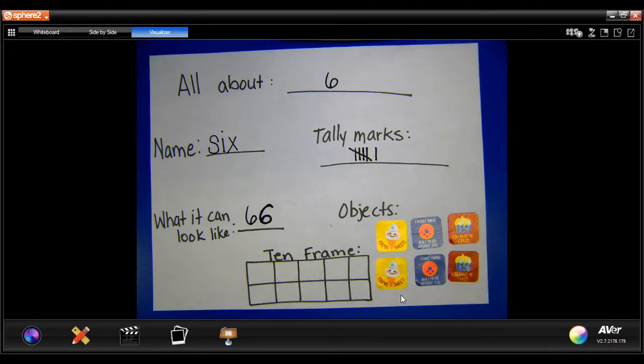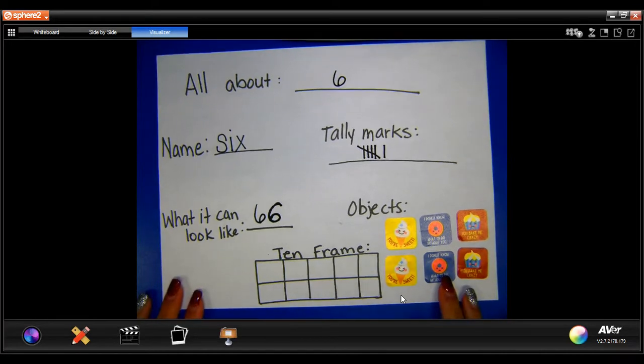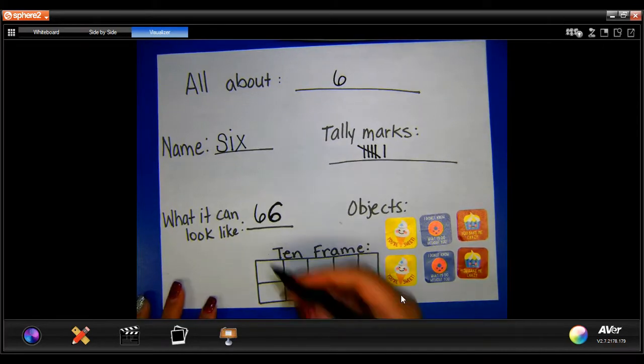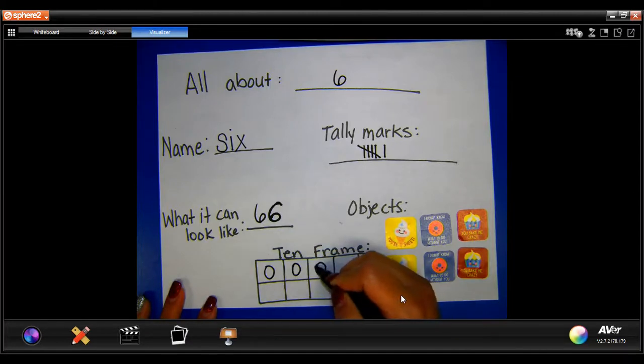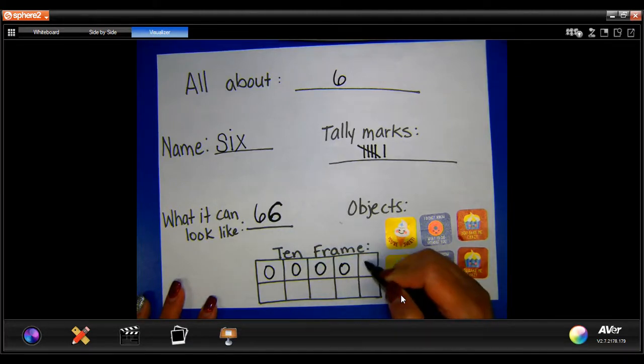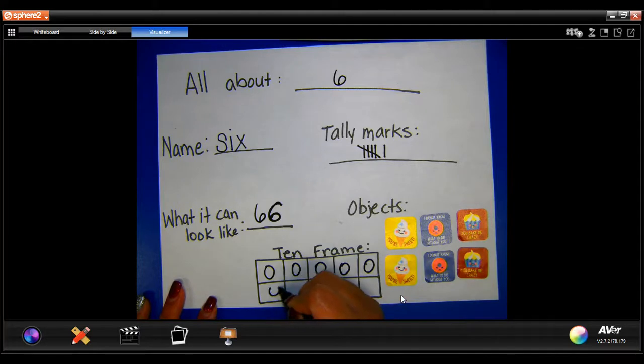All right. And now we're going to our 10 frame, and we have to draw 6 circles. 1, 2, 3, 4, 5, and 6.